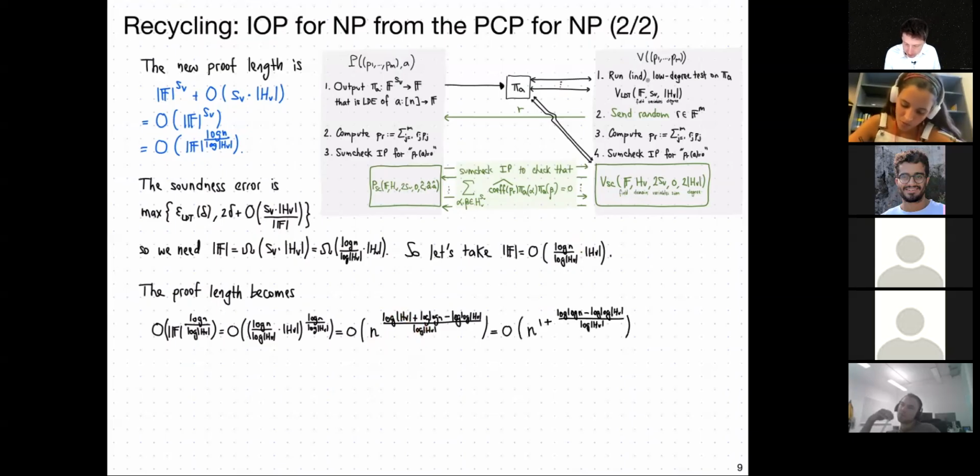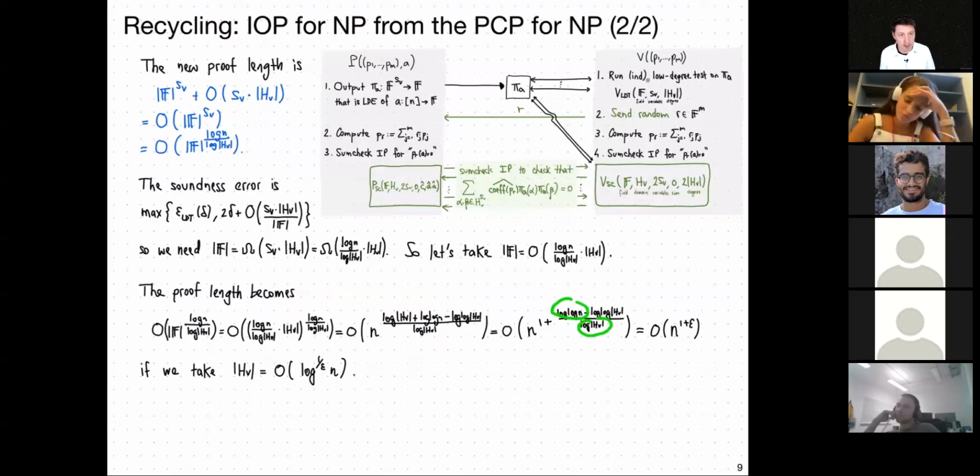That's a 1, so I pull it out, and I have N to the 1 plus something. Now, this term and this term are the ones I want to make small. I can make this N to the 1 plus epsilon if I take hv to be log to the 1 over epsilon of N. So basically, the larger I make hv, the smaller I make the proof length.